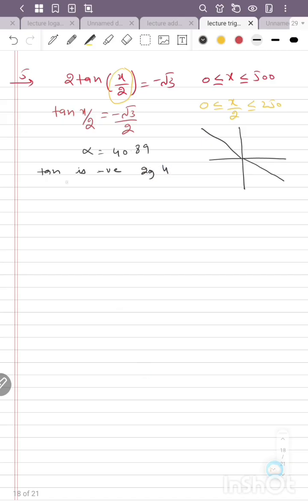Now where is x by 2? If we start from here, the first quadrant, we know that it is 180 minus alpha. So what is 180 minus alpha? We write 139.1. Why do we write 180 minus alpha here? We get the answer 139.1.